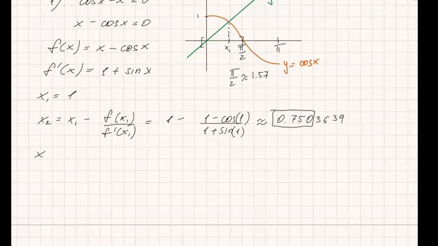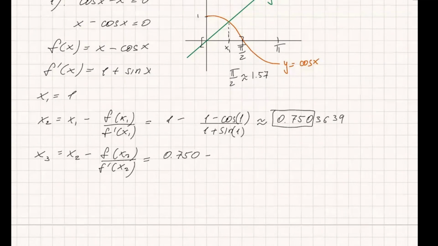Now the next iteration would be x2 minus f of x2 over f prime of x2. In this case, x2 is 0.750, so 0.750 minus cosine of 0.750 over 1 plus sine of 0.750.